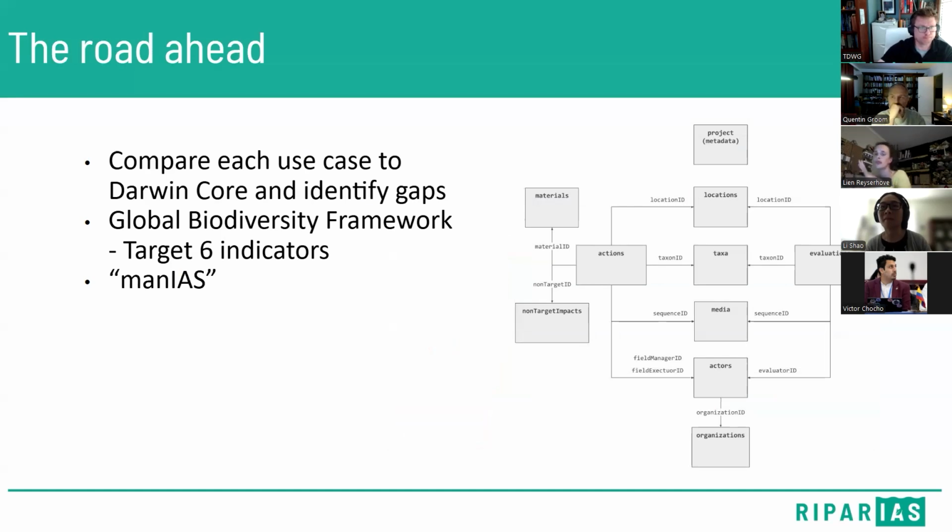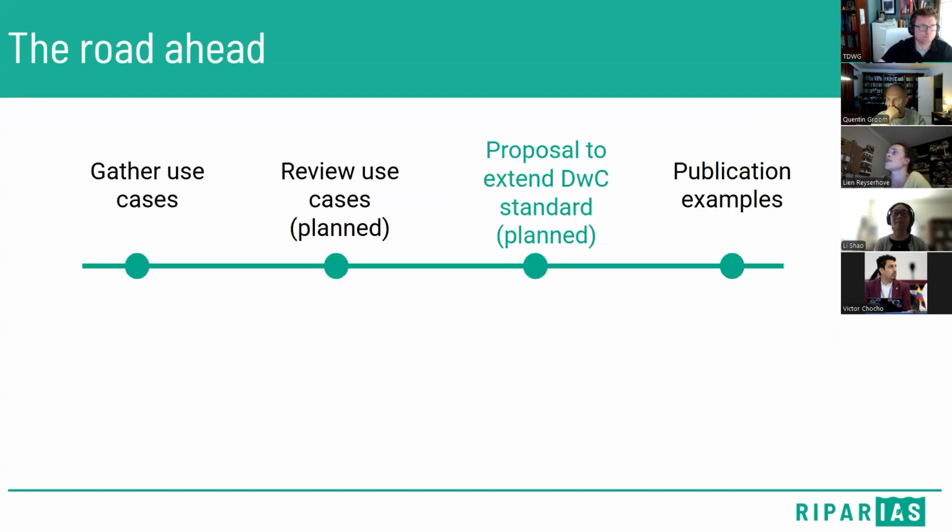How does this model fit within the Darwin Core standard? So this is all just about comparing: comparing the use cases, seeing if all the information for the Global Biodiversity Framework is included, and if the work we have done so far also matches the Darwin Core standard. And the next step, if we identify the gaps and what could be improved in the Darwin Core standard, is to propose to extend it. For me, that's a story for 2026.